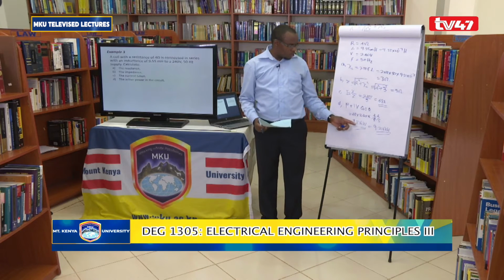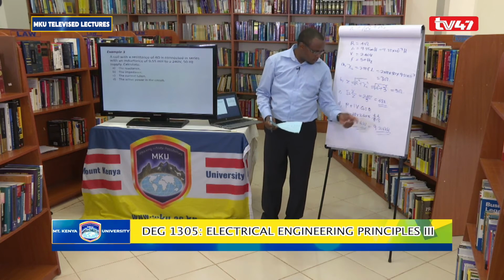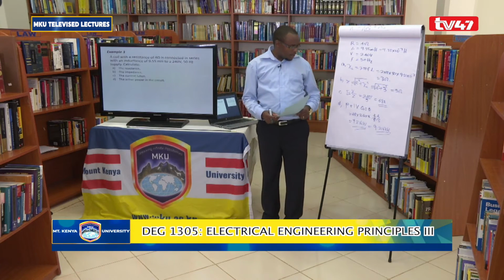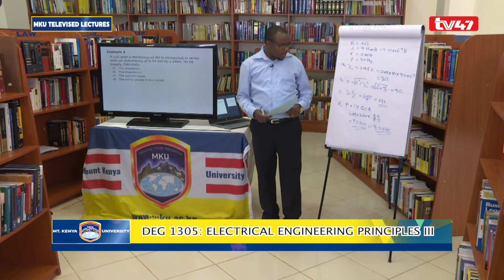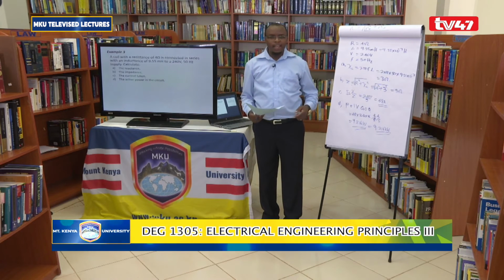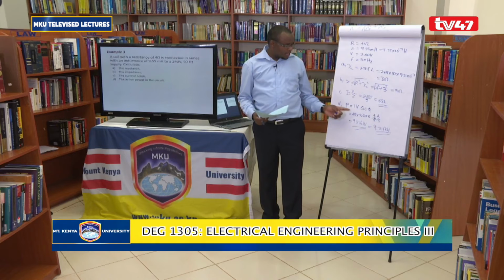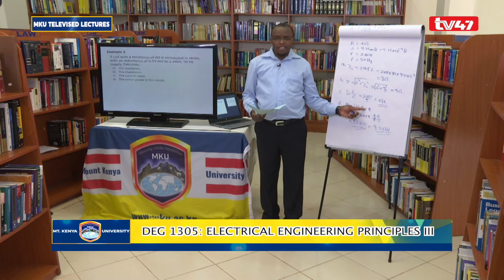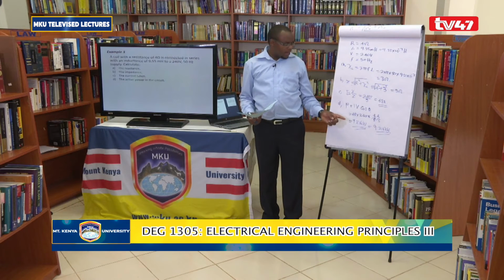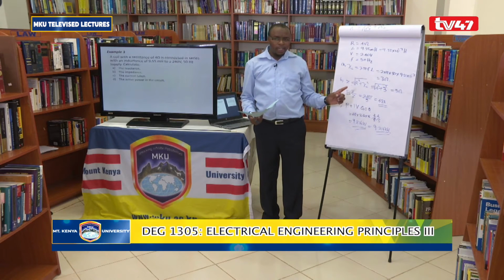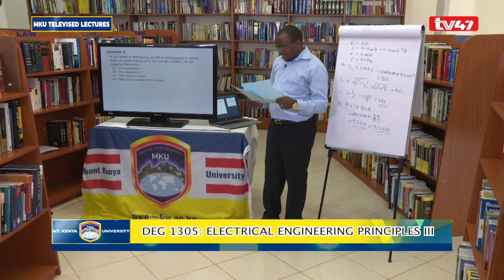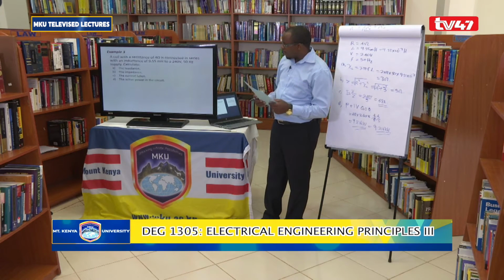So that is the way you get the true power of this kind of problem. If you had been asked to get the reactive power, you just get IV sine of this angle. If you had been asked to get the apparent power, it is IV only. So that is the way you go about finding the value of that power.